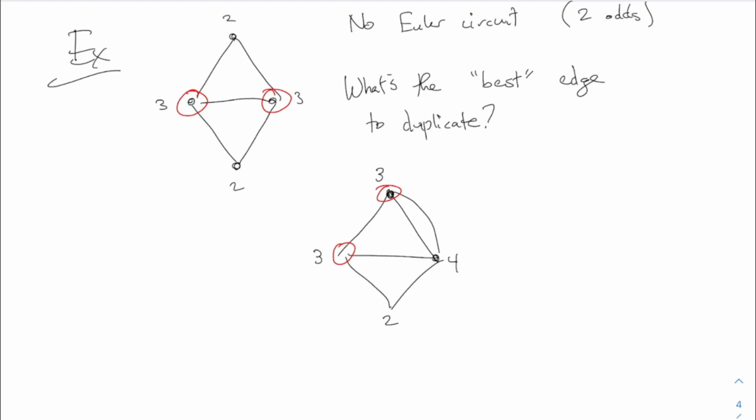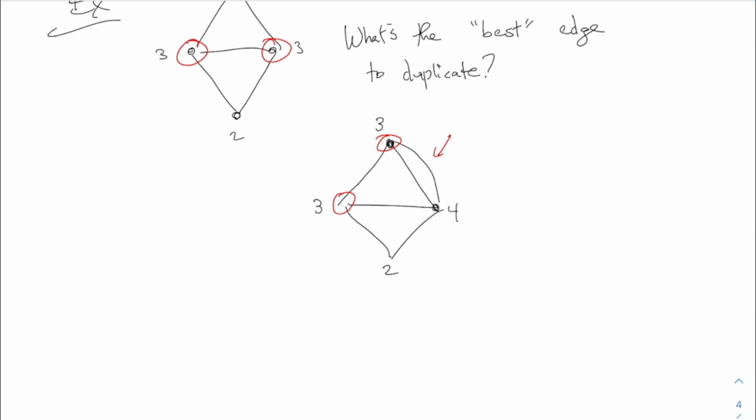What was a good choice? I think if I duplicate the one across the middle, then these 3's will each become 4's, and everything will be even. All right, so actually this one right here, I would say that guy here was a bad choice to duplicate, because all it did was give me 2 3's somewhere else.